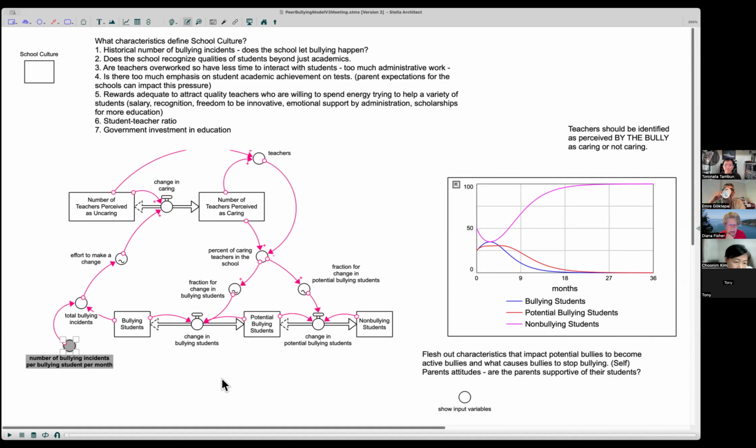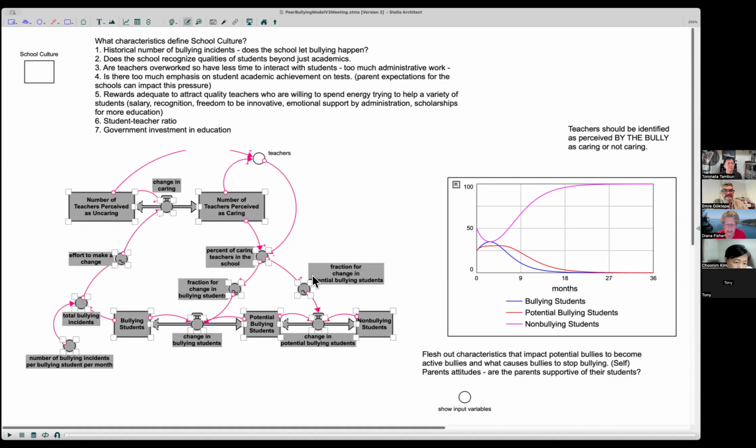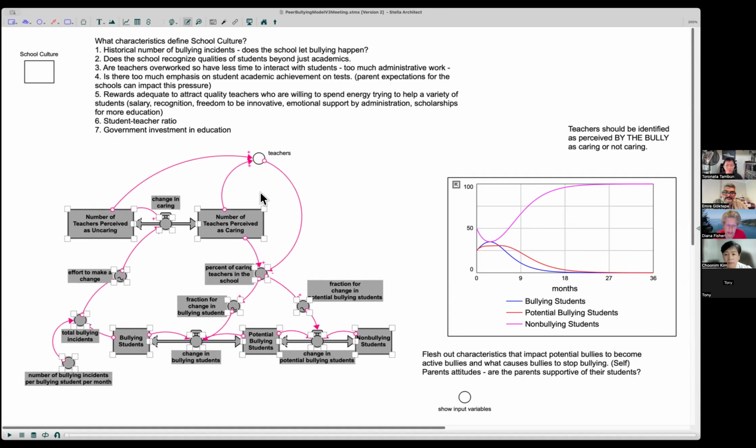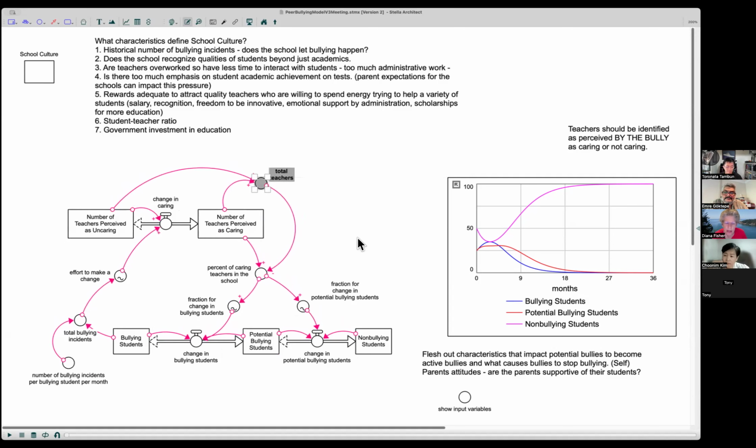Okay, so what we decided in the first session was we wanted to come together another time. What we wanted was for people to experiment with the original model, and then add maybe a couple of other things you thought might be important, even if you don't make it operational.